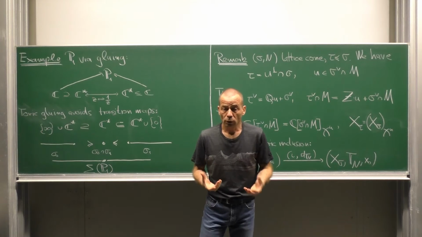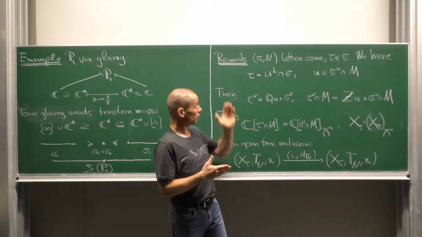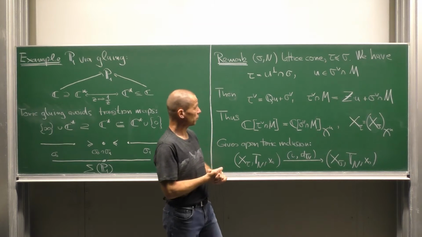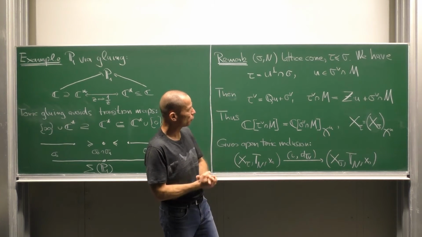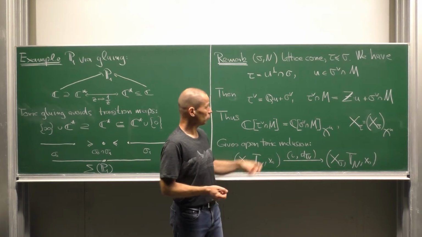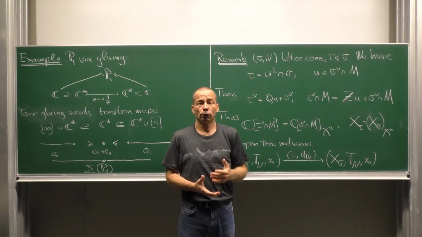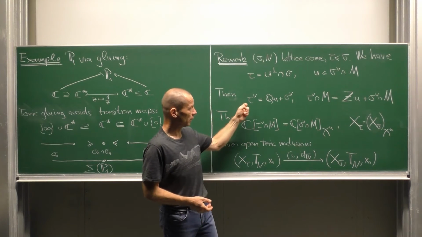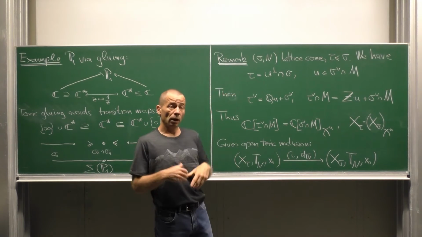Now we need the toric variety associated with this cone tau. First step is we have to find the dual cone. This is the basic rule of dualizing an intersection. It is the sum of the duals. So we have sigma dual, and here we have the line through U, and the sum gives our dual cone of tau.